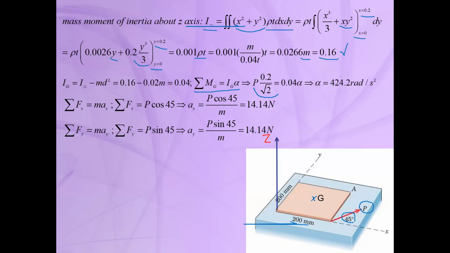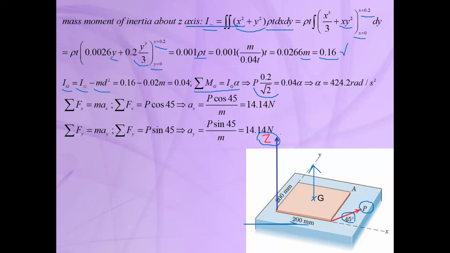We calculated the mass moment of inertia about this axis Z. So Ig is equal to Iz minus md squared. When you are calculating the mass moment of inertia about any axis parallel to the axis passing through the mass center, for example, when you want to find the mass moment of inertia about axis Z, it's equal to the mass moment of inertia about this axis, we call it G, plus md squared.